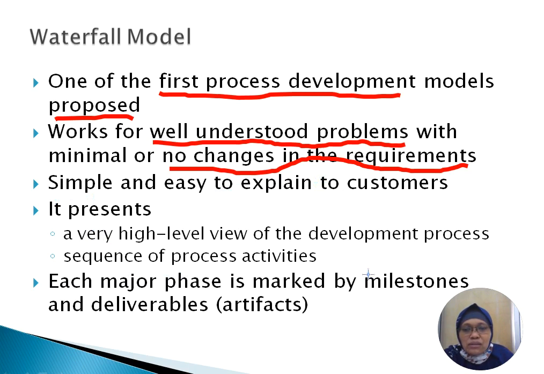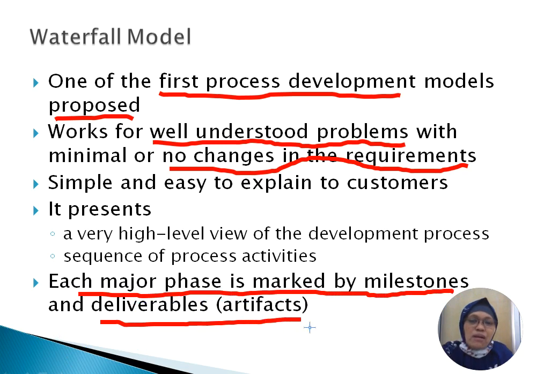On the waterfall model, each major phase is marked by a milestone, or marked by an artifact. So some steps of the software process in the waterfall model have a milestone.